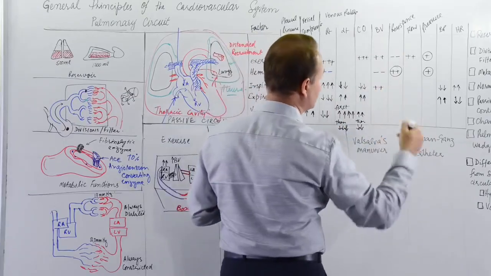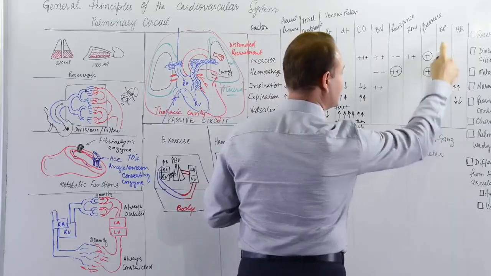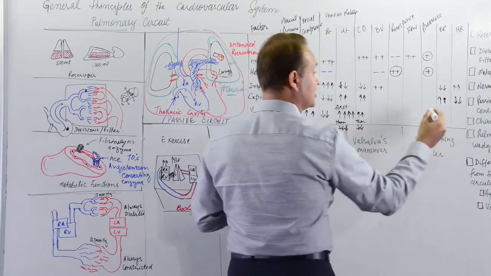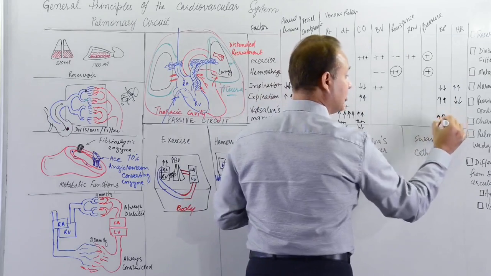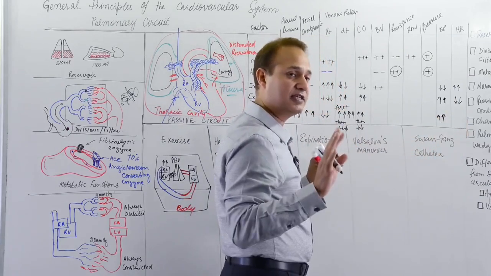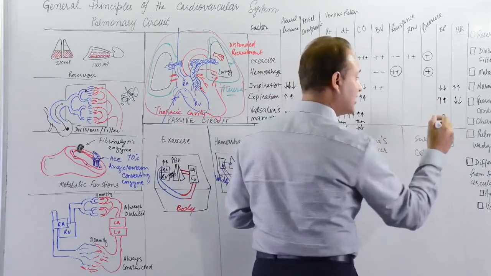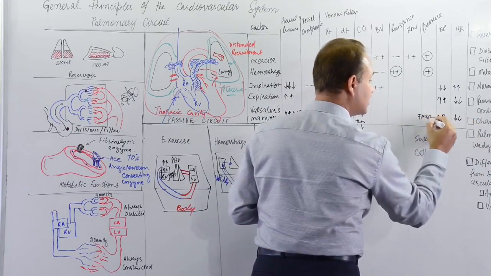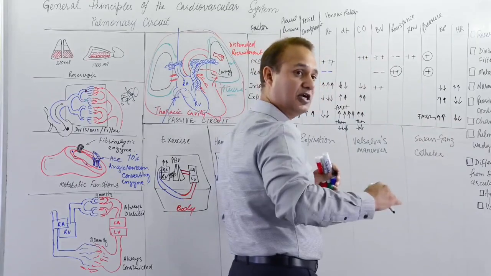Blood volume, similar thing. Forget about resistance and other factors. Let's look at the blood pressure. What happens to the blood pressure when the cardiac output has increased? Increased blood pressure. When the blood pressure increases, what happens to the heart rate? Reflex tachycardia? If the reflexes are normal, reflex bradycardia. So first increased blood pressure and reduced heart rate.